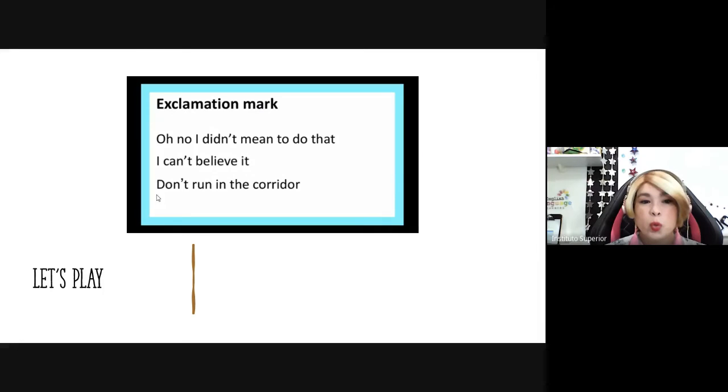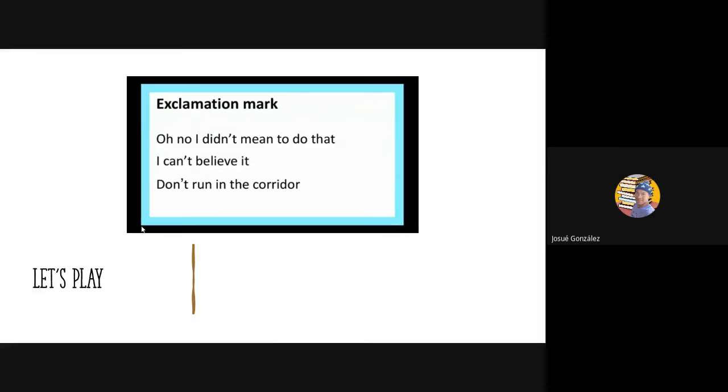Where do we place the exclamation mark? At the end here. Just at the end. No, after "oh" in the first sentence. Okay. Then it says "I can't believe it" at the end, and the last one at the end also.